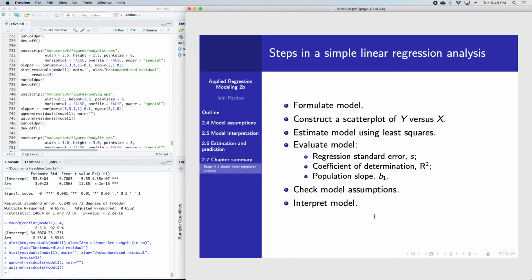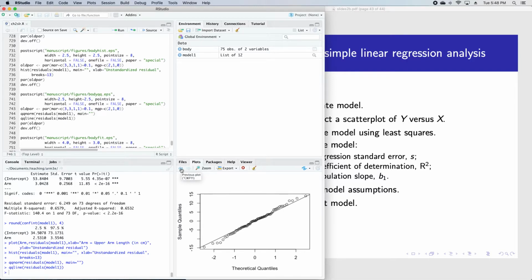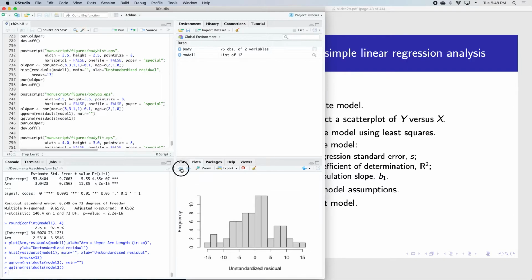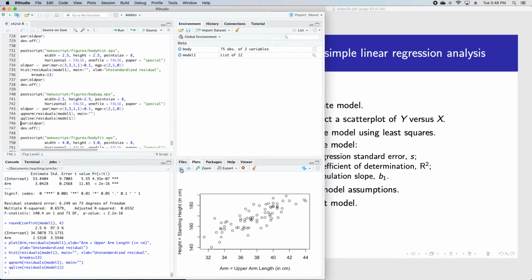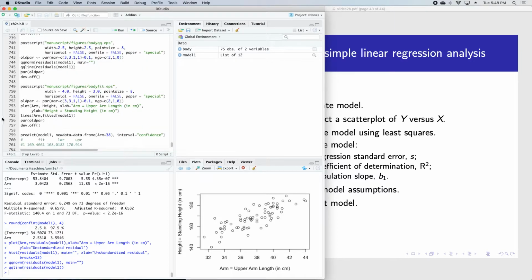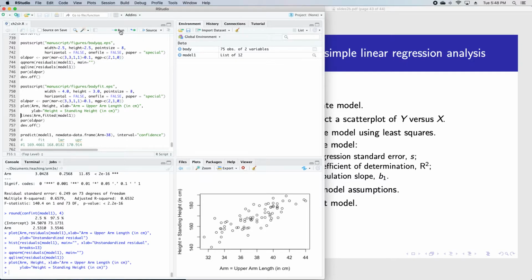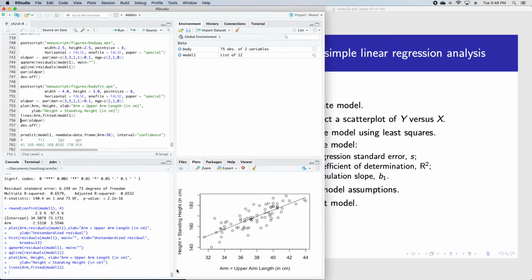And so we can look at a graph again, and this time we can add the regression line. So that summarizes the relationship between height and arm.